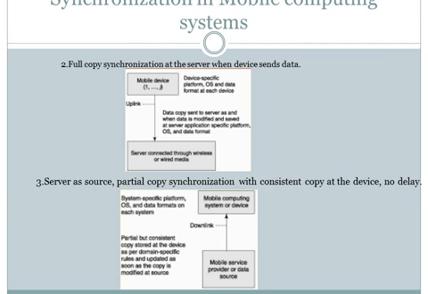Now the difference between full copy and partial copy synchronization is, in partial copy synchronization, only a subset of data is updated, only the data that changes, only the records that are changed are updated. Whereas in full copy synchronization, the entire set of records are updated. Complete data is to be updated. So obviously partial synchronization is faster, is quicker.